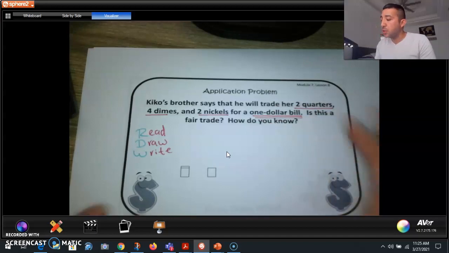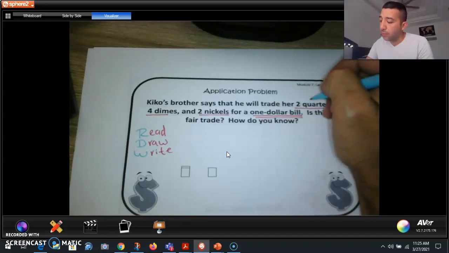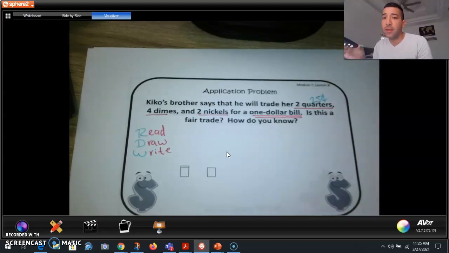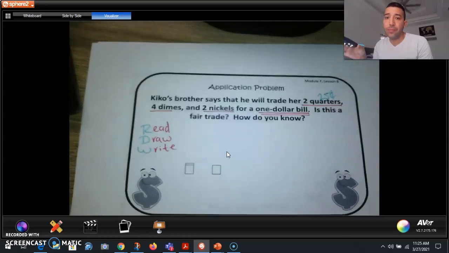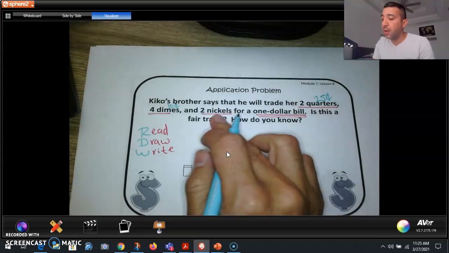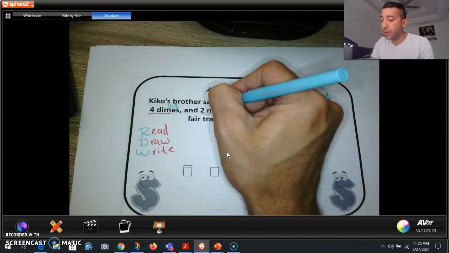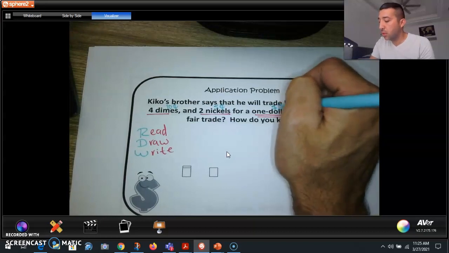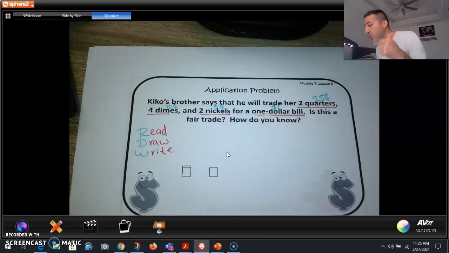Quarters are worth 25 cents, so go ahead and label that. Dimes are worth 10 cents, and nickels are worth 5 cents. We're going to see if that's a fair trade.